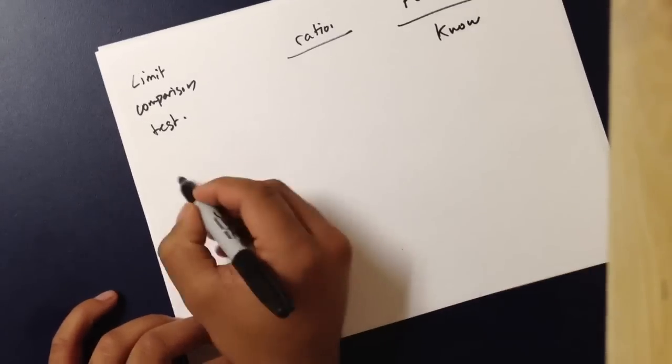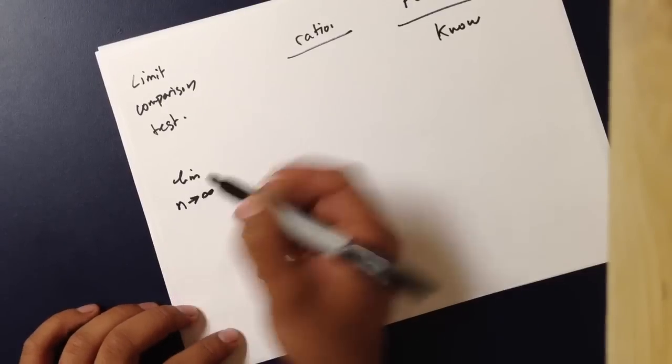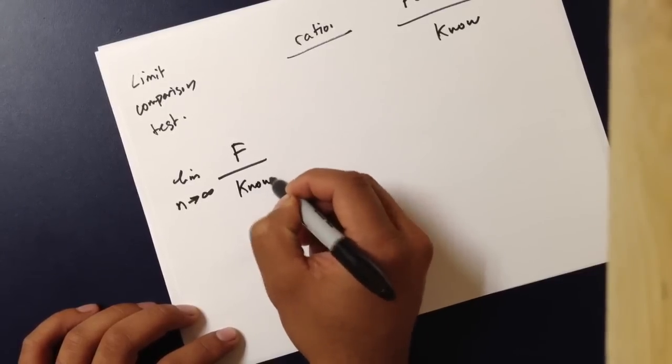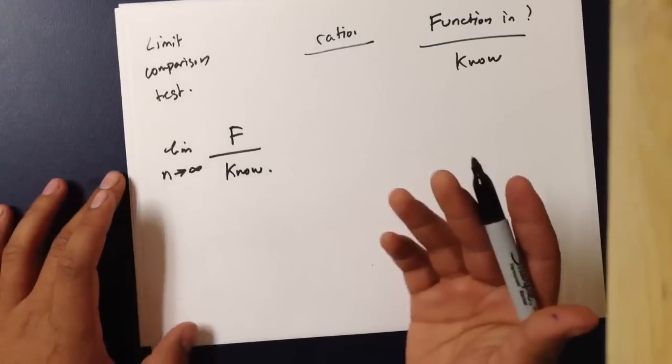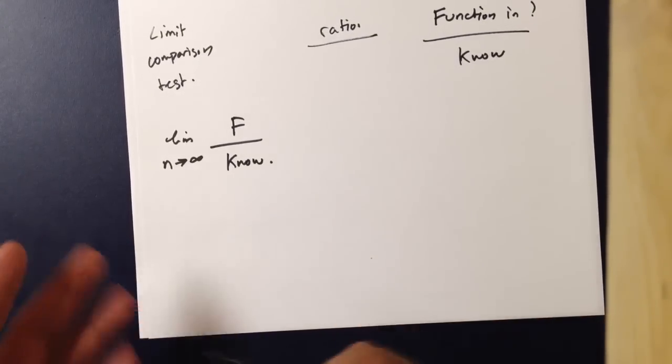And what you basically do is set up a limit as the variable goes to infinity of the function in question over what you know. And basically, you solve the limit, and you'll get a number, or you'll get a solution.